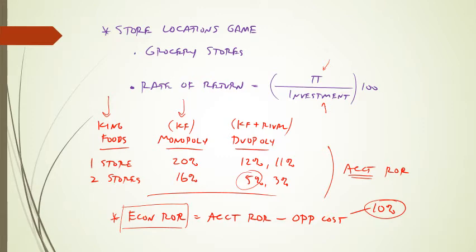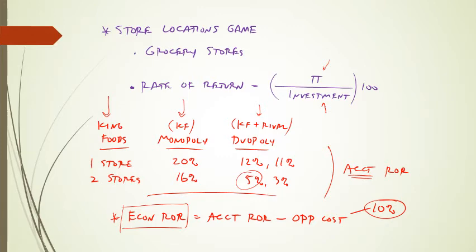And then this third situation is if we have King Foods and a rival. So what we call that a duopoly, 2 firms. So with 1 store by King Foods and duopoly, King Foods will earn 12% and the rival 11%. Under 2 stores with a duopoly, King Foods will earn 5% and the rival 3%.